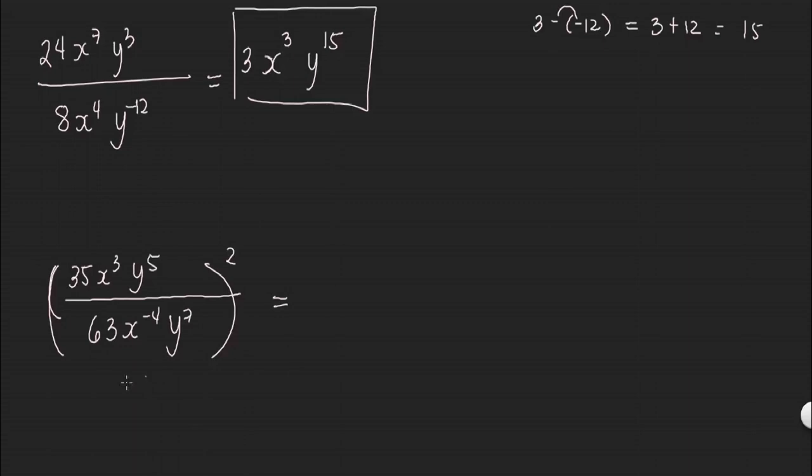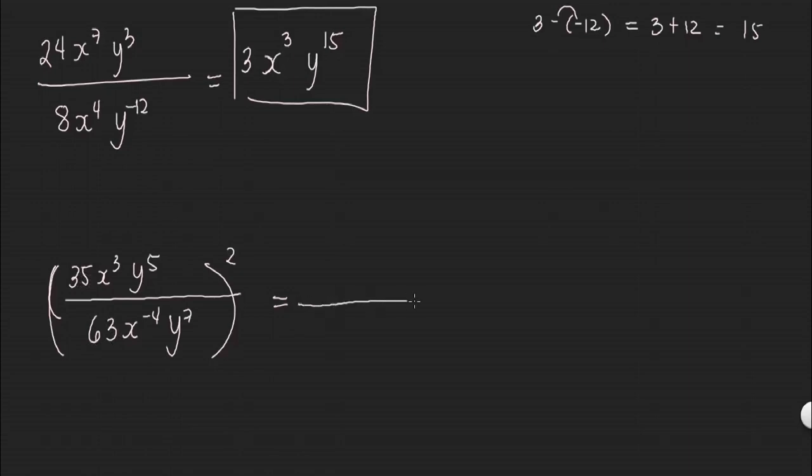And for the last example, we have 35x cubed y to the fifth over 63x to the negative 4 y to the 7 raised to 2. So, ngayon, ang gawin muna natin dyan ay yung numbers muna, okay?